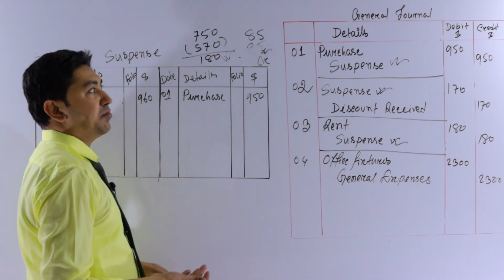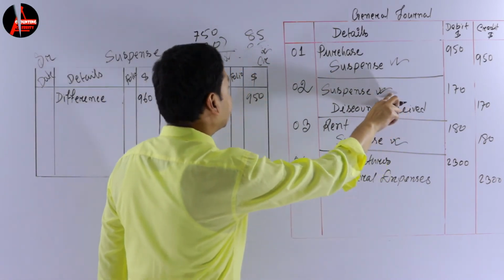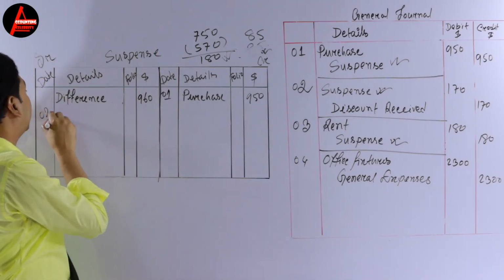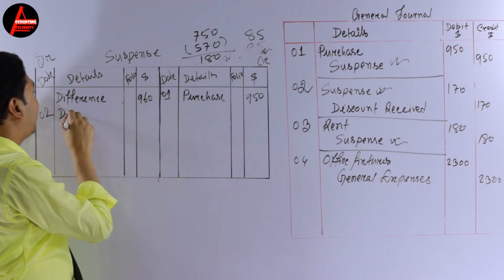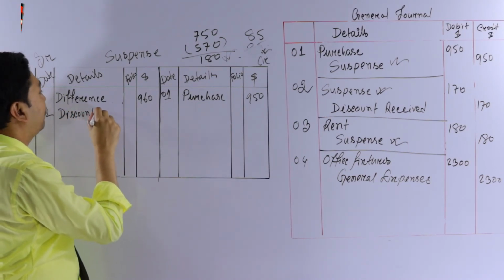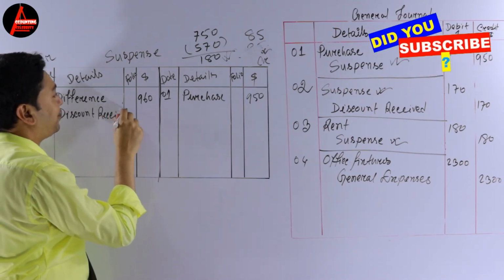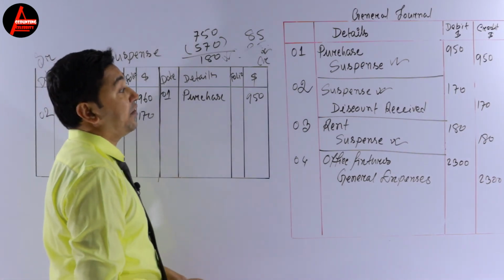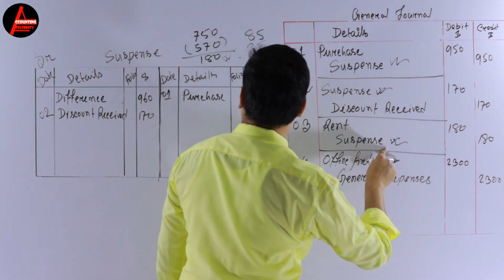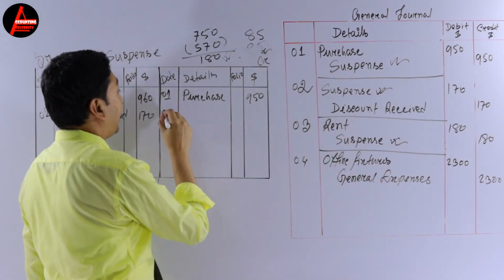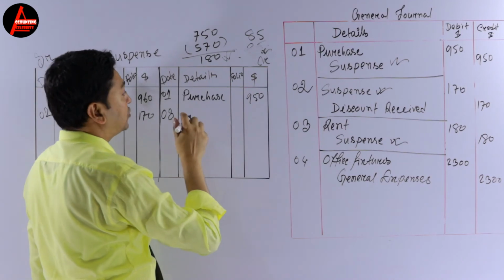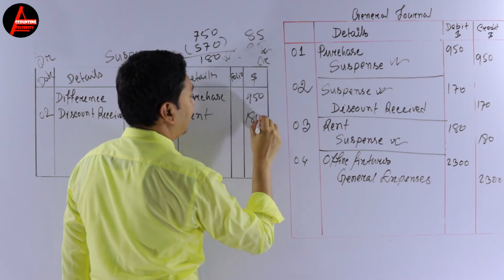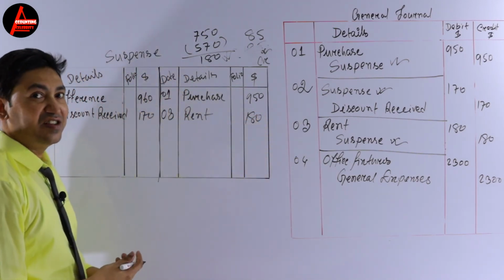Then number 2, here we have suspense, but it is on the debit side, so we will come to the debit side and write the opposite account, which is discount received, value $170. Then we have here again suspense, number 3. It is on the credit side, so we will go to the credit column and write the opposite account, which is rent, $180. Okay, so very easy.